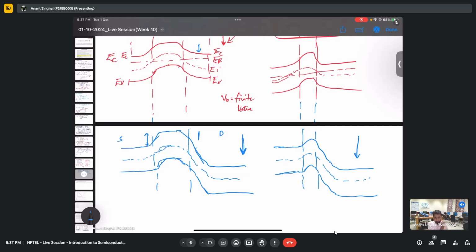Yes, sir. Yeah. So what you can see here, we still have a barrier if we have a certain channel length, so the electrons will not go directly from drain to source or source to drain in a readily manner. But once this barrier is almost reduced, we have electrons readily going from drain to source. That will basically result in leakage of current, because this is not what we want.